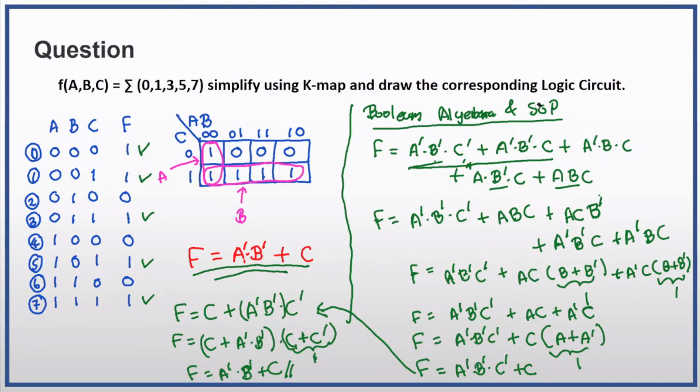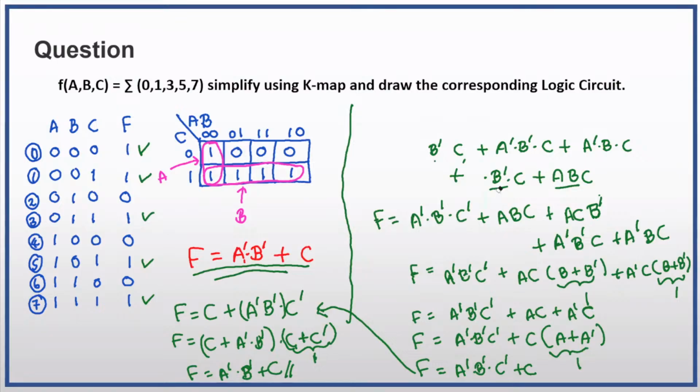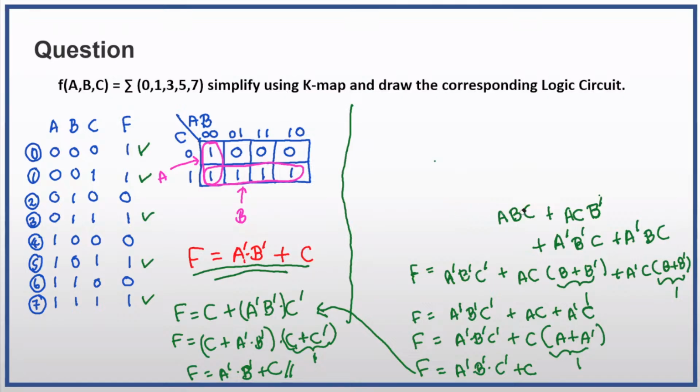So I will erase this Boolean algebra simplification part, and draw the logic circuit now. Let's see how I can draw the logic circuit.